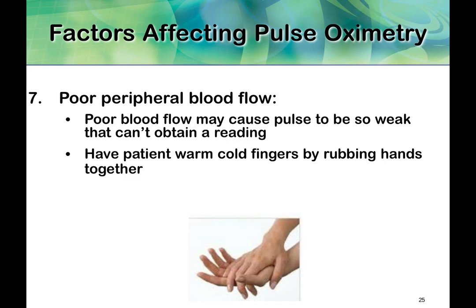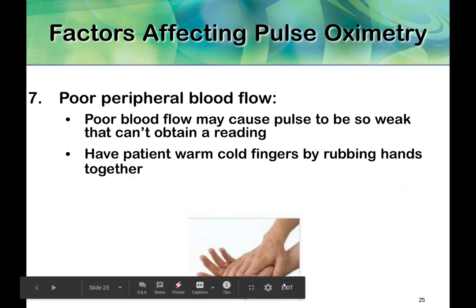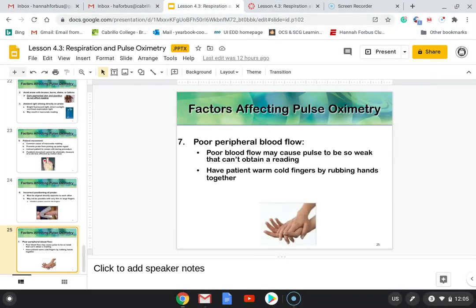It can't pick up the reading if the pulse is very weak. You can try and have the patient warm up their cold fingers by rubbing their hands together, or I like to put them in their armpits. Do what you can to try and get blood circulating better into those fingers so you can get an accurate pulse oximetry reading. And that concludes lesson 4.3.